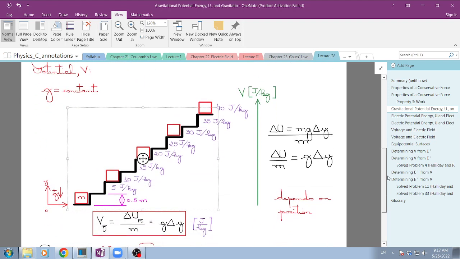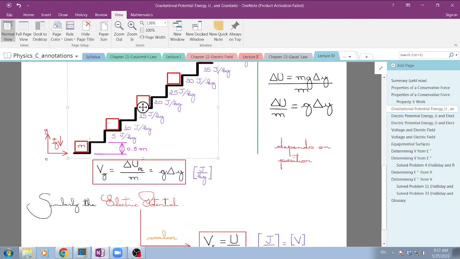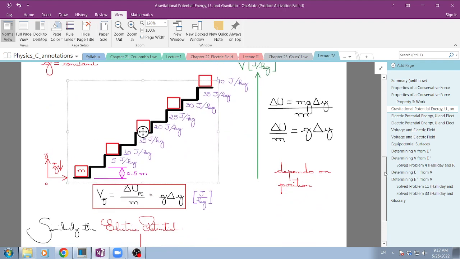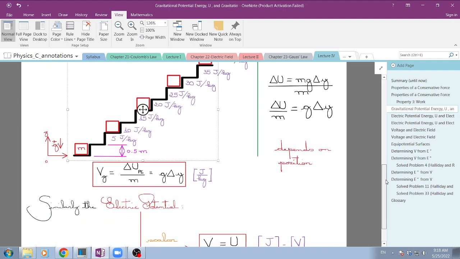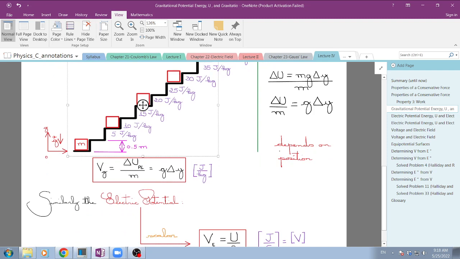But in this case, this is valid for any arbitrary mass. You can choose it. If now I have a mass of 4 kilograms, you would have here 20 joules, 40, 60, and so on. It's way easier. Now you have something that depends on the position.